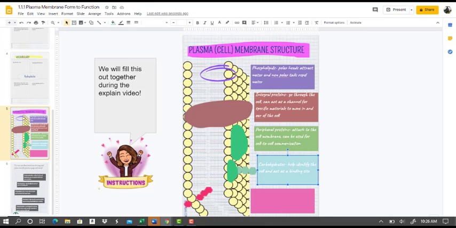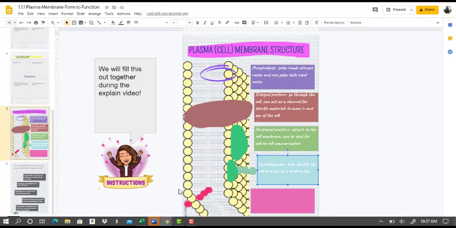And then lastly down here we have a cholesterol molecule moving into the plasma membrane. I like to tell students to think about these as cracks in the sidewalk. When people are pouring concrete, they don't just pour one big slab of concrete.